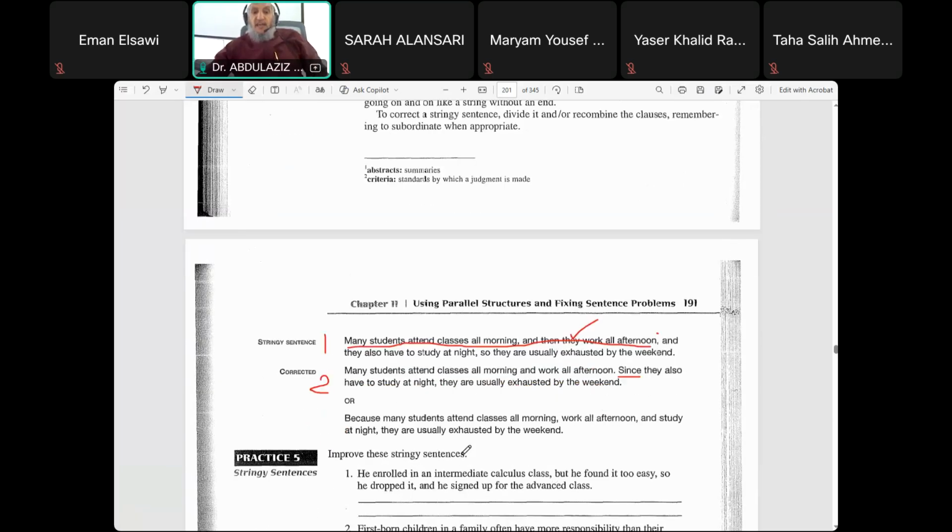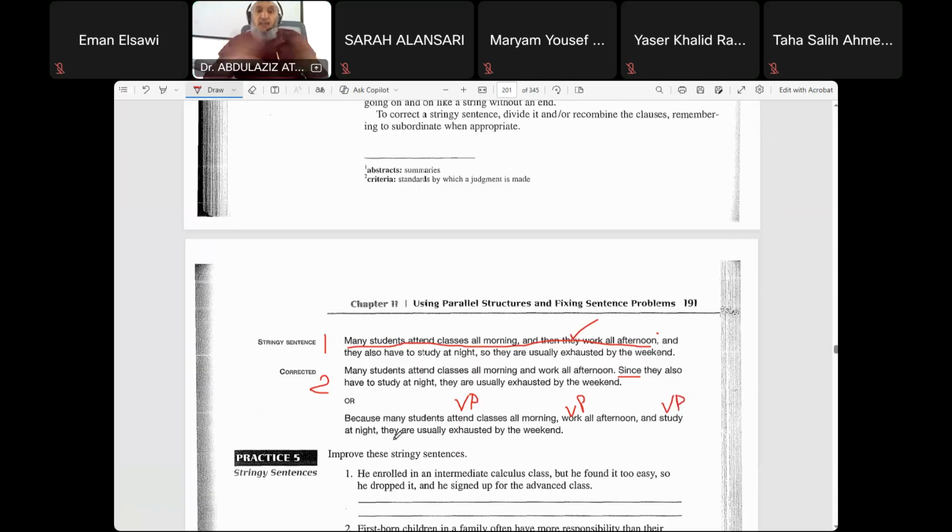The other way is, because many students attend classes all morning, work all afternoon, and study at night, they are usually exhausted.